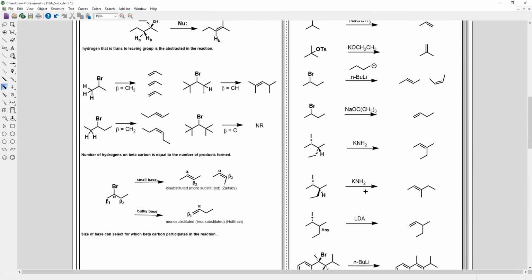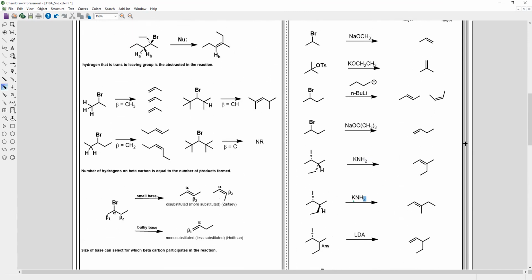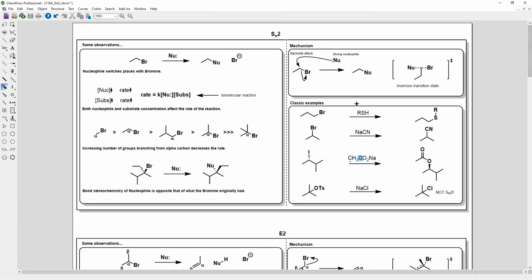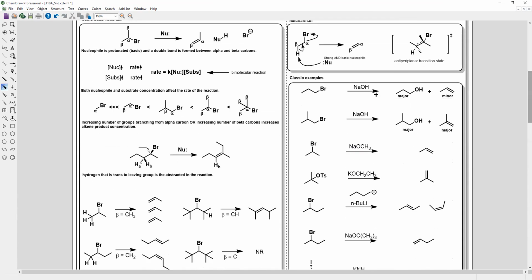These are the nucleophiles you're looking for if you want to do an E2 reaction. These nucleophiles up here that I use for SN2 are not basic at all. So if you ever see any of these, it can't really be an elimination that's going on. It can only really be an elimination if you have one of these guys here.